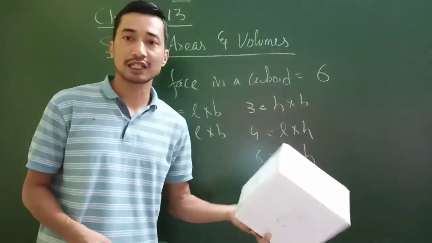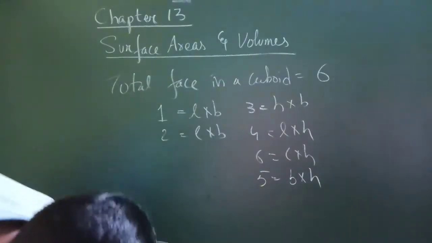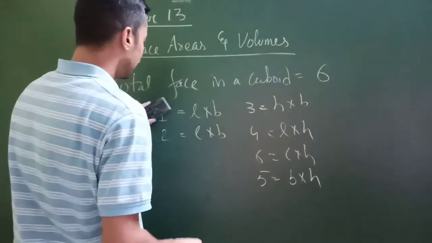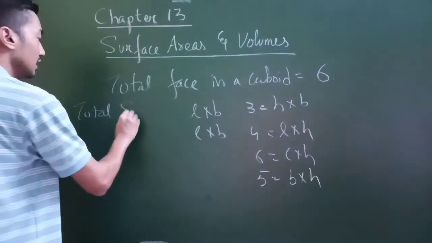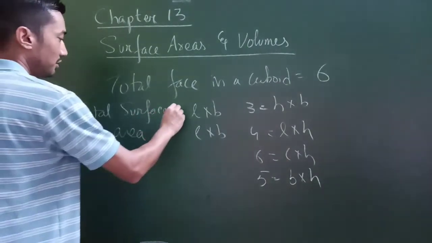So if I have to find out now the total area of all the 6 faces, what will it be? If I add them all, we call it the total surface area. So what will be the total surface area?